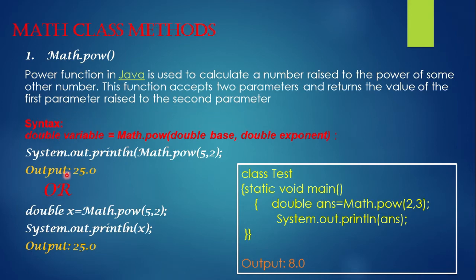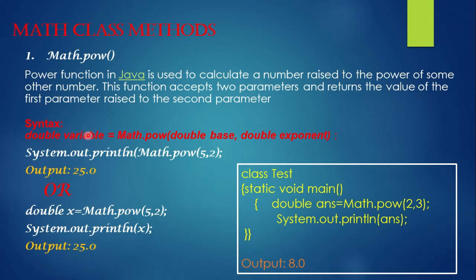So let us see. Every function always has a syntax, then we will discuss the example. First of all, let us discuss the syntax. See, double variable, meaning when you call this function, math.pow, you will get the answer in double data type.